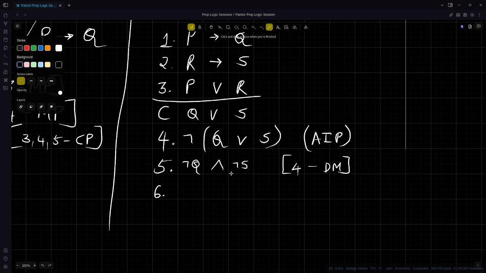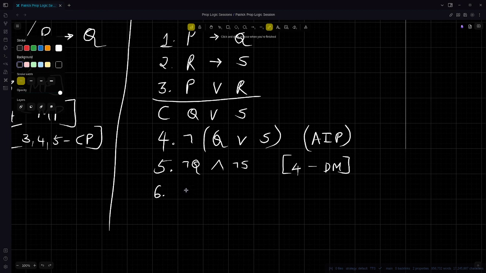What other rule of equivalence can you apply here? One minute, I can't remember the names.